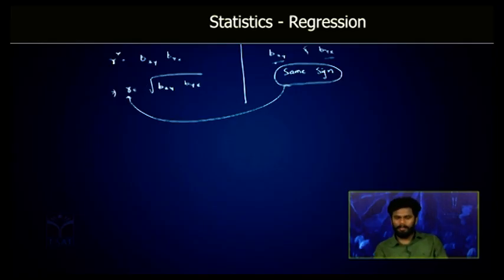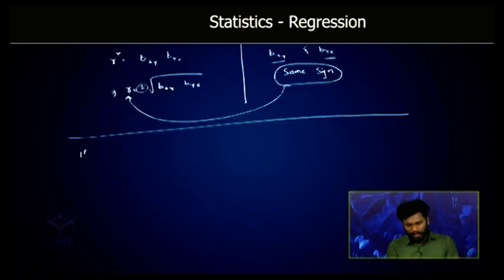So if bxy is negative, byx also takes a negative value and r will also become negative. That means we will put a negative symbol here. If both are positive, r will also take the positive value.